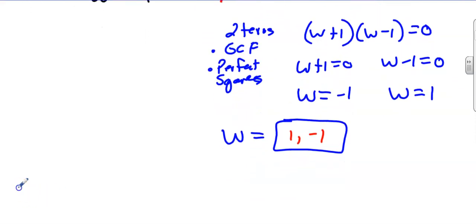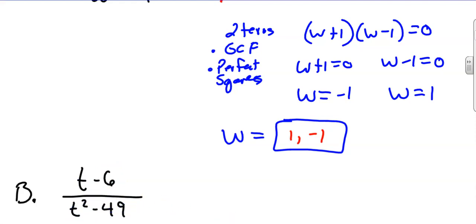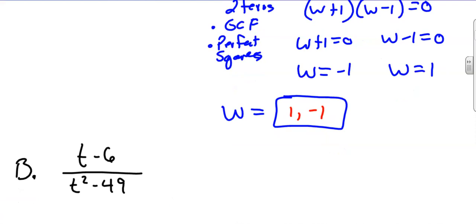Let's do one more of those. We'll go with t minus 6 over t squared minus 49.